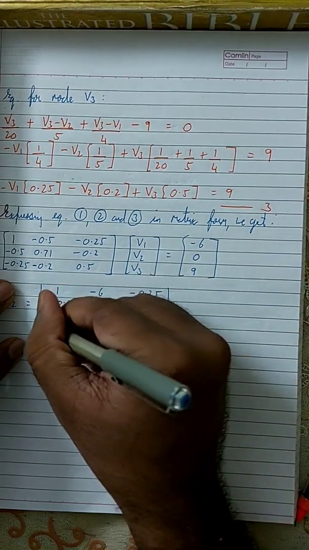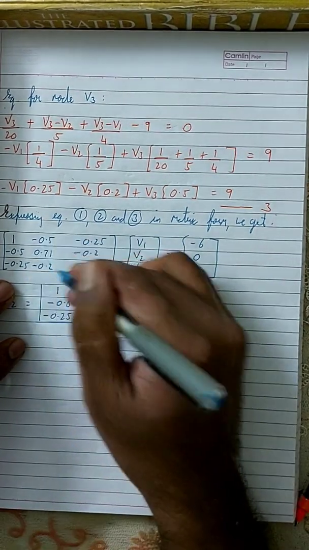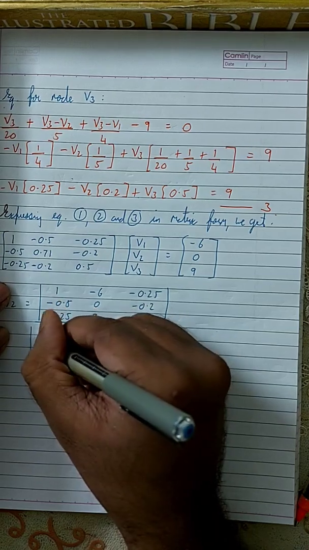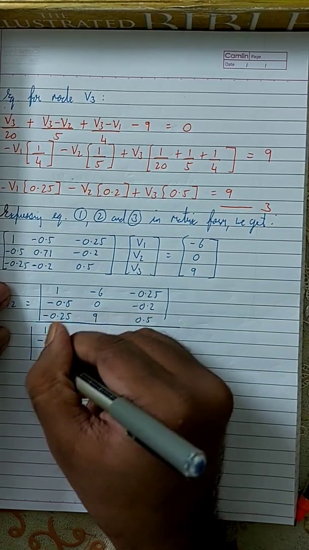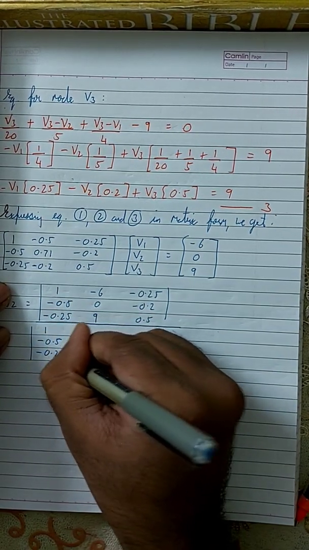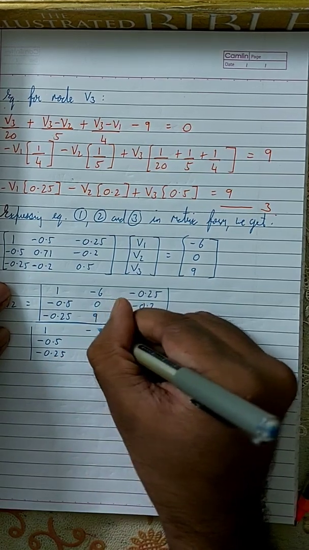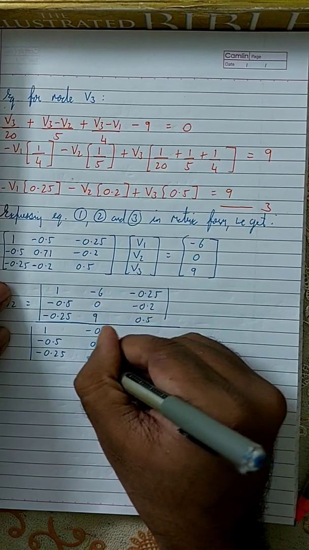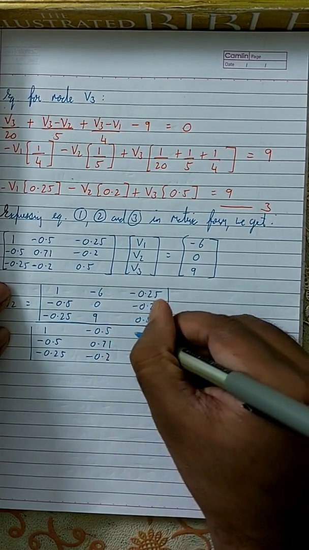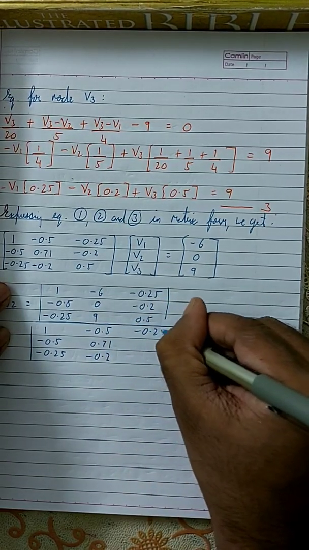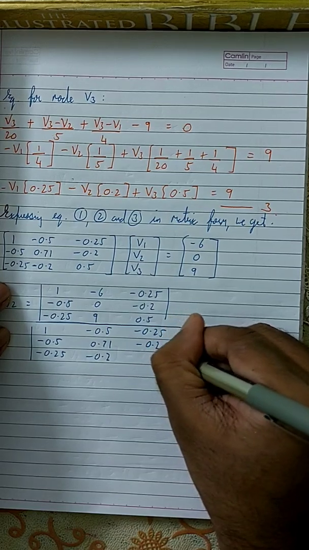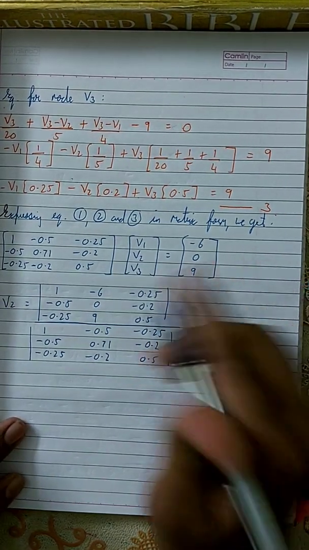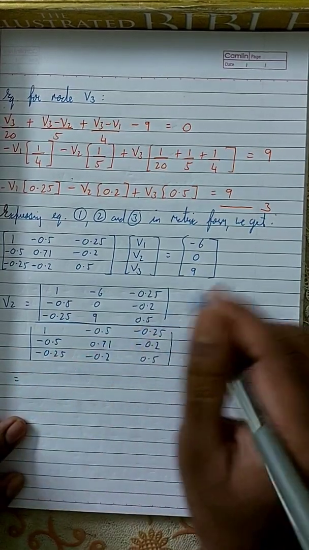This is the numerator, and the denominator will be the coefficient matrix, which is 1, minus 0.5, minus 0.25, minus 0.5, 0.71, minus 0.2, minus 0.25, minus 0.2 and 0.5.